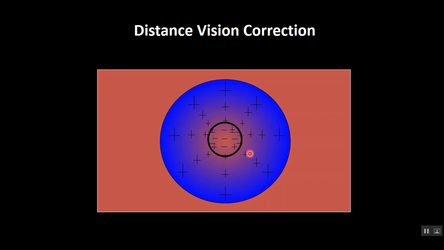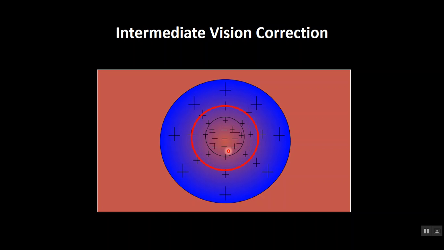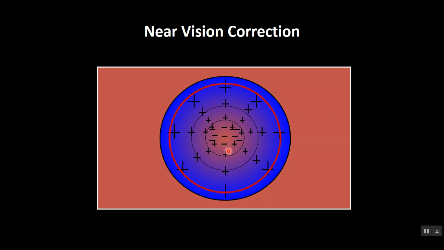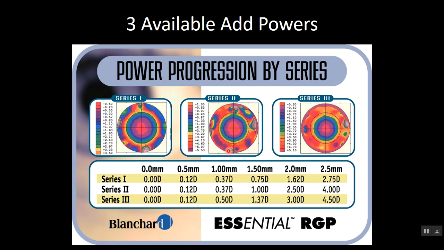A lens that's relatively well centered should provide good distance vision. Then there's some intermediate there. If the pupil enlarges, we get into more of that intermediate plus power. For near vision, when we focus on objects much closer and that dilation of the pupil, now we're able to get into more of the plus toward the outside.